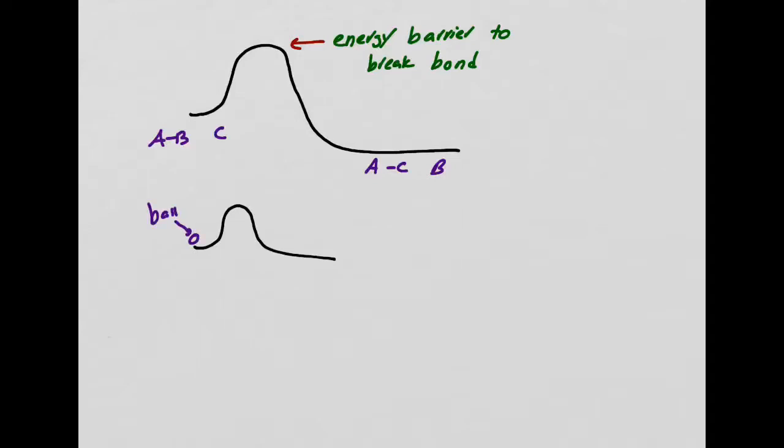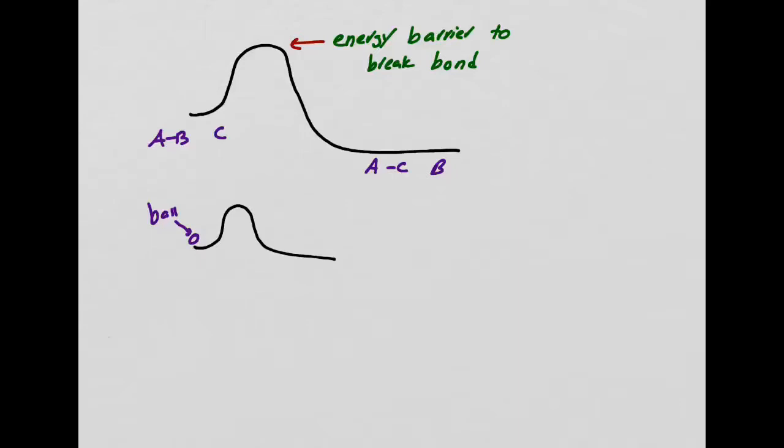If you want the ball to go over the hump, you have to hit the ball with enough energy. If you don't hit the ball with enough energy, it's not going to go over the hump. It's not going to go over the barrier. It's the same thing. I need enough energy to get over this barrier. I need this much energy to be able to break the bond. So far so good? Okay.